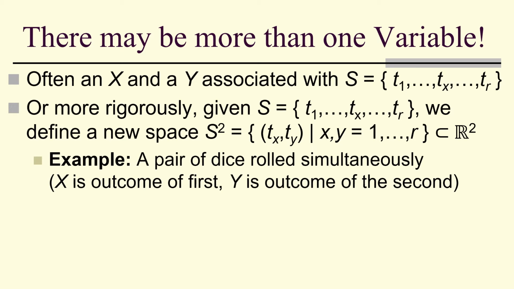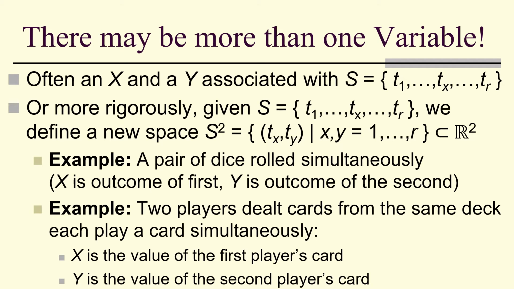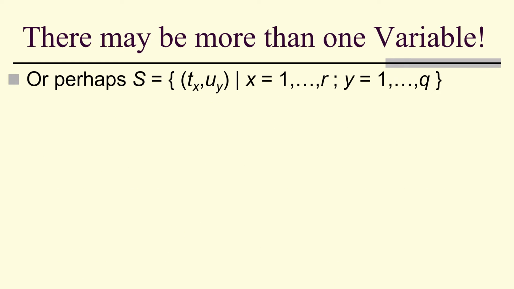For example, a pair of dice rolled simultaneously, X would be the outcome of the first, Y is the outcome of the second. Two players dealt cards from the same deck, each playing a card simultaneously. X and Y are the values of the first and second player's cards. Or perhaps we may actually just define our sample space to be pairs of outcomes.